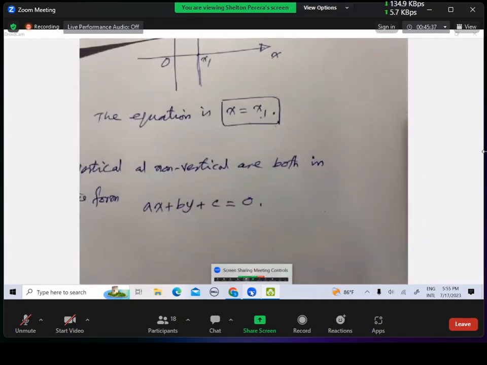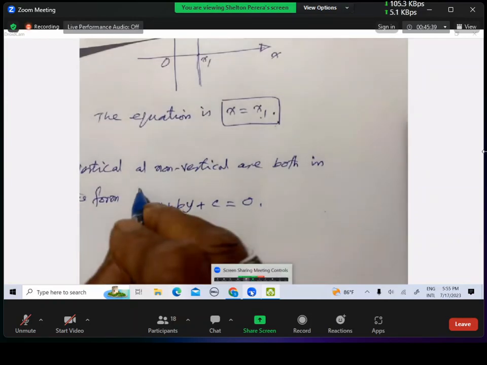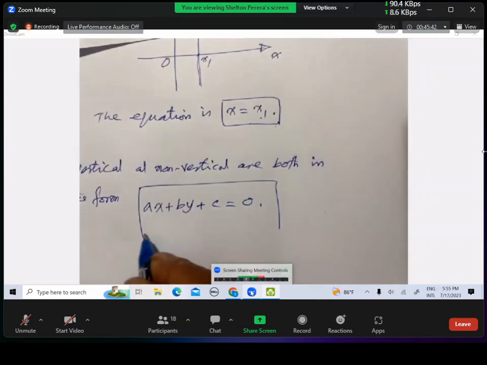That is why it is called the general form, ax plus by plus c equal to 0, where a and b are not both zero at the same time. That is why it's called the general equation. It captures all of the straight lines.